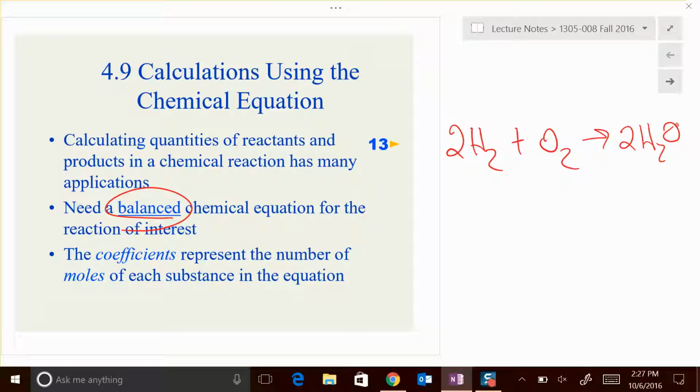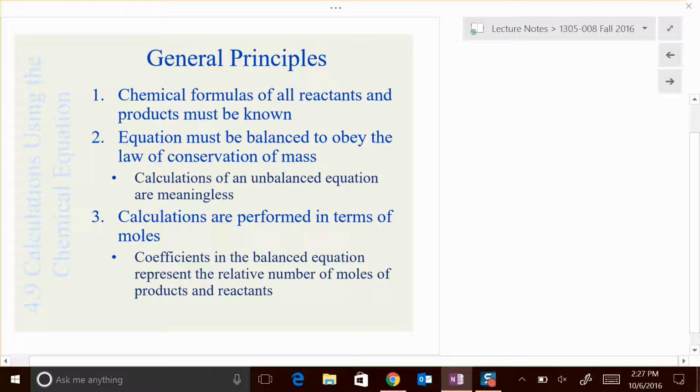We need it in big quantities, molar quantities, so that we can work with it. Okay? So that's how we're going to use these chemical equations, by their coefficients, which represent the moles of the substance. Okay? So when we carry out these chemical equations, it is in those molar amounts due to their coefficients.